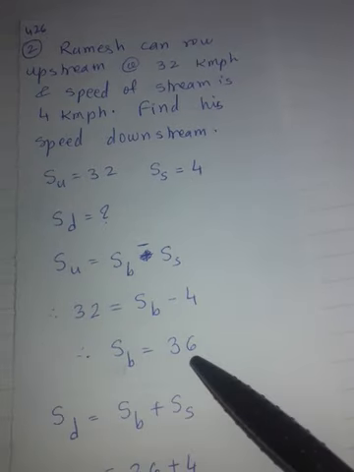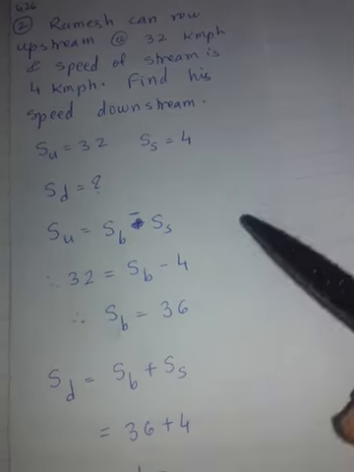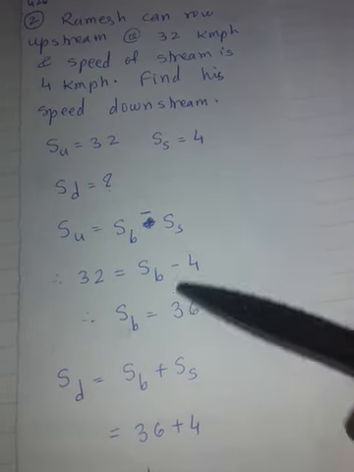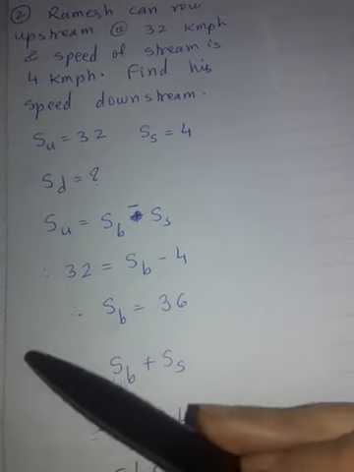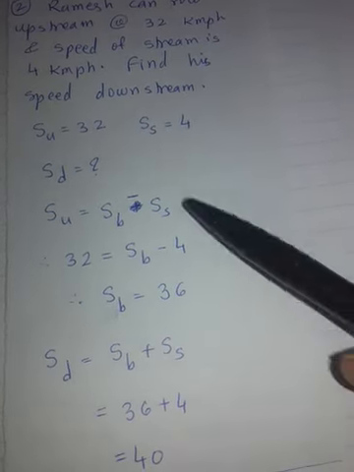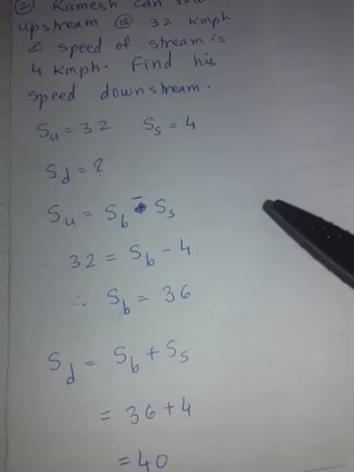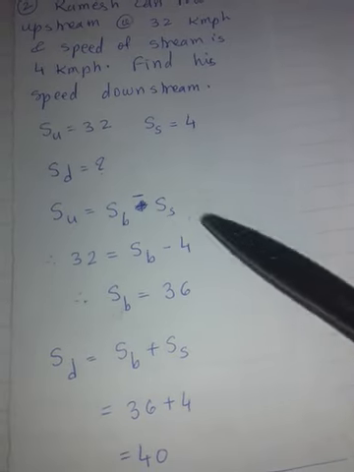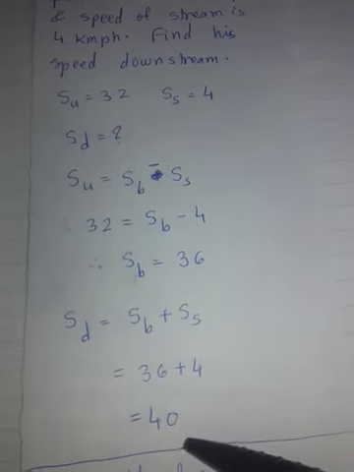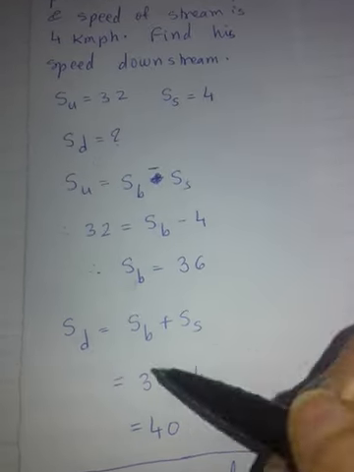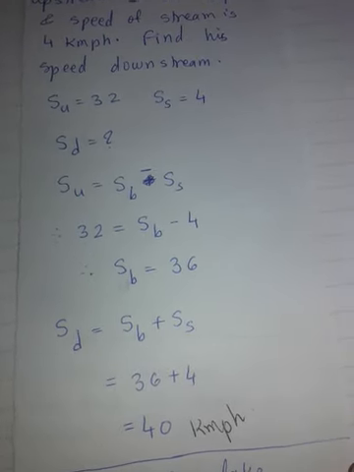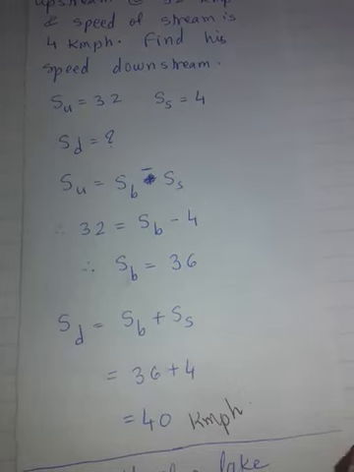With that we get speed of boat as 36. Now we know speed of boat, we know speed of current, so we can just add them and get speed downstream. So we are going to use these two formulae here. 4 formulae we have learnt, and out of that 2 formulae we are using here. So this is 36 plus 4, so the answer is 40 kmph. That's your answer. Very easy.